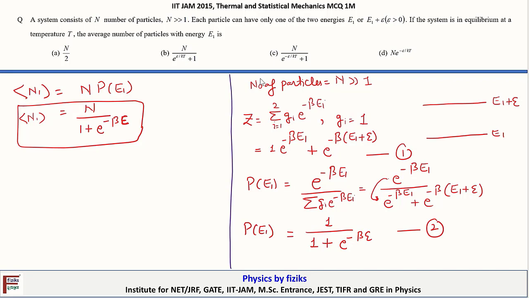Let's see which answer matches. It is C, N upon 1 plus exponential minus E by kT, where beta is equal to 1 by kT. Therefore C is the correct option here.